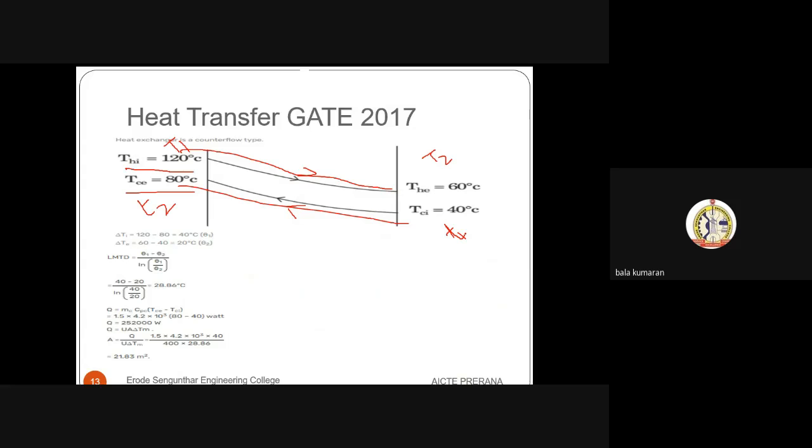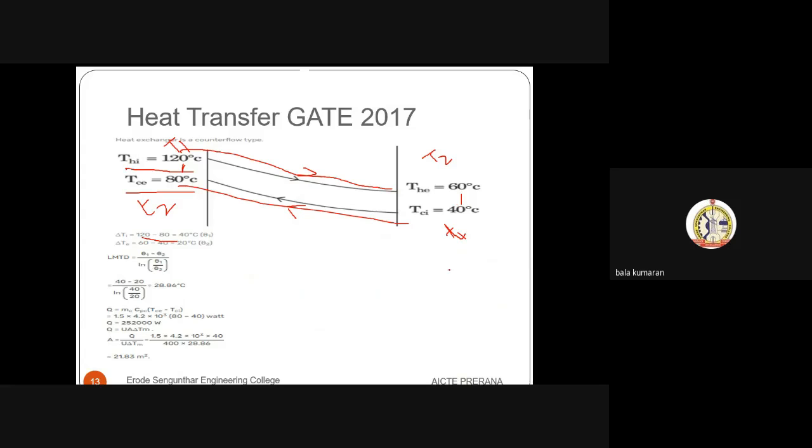Fine, we came to know about the temperatures. The LMTD formula, the del Tm formula, you can write like this. 120 minus 80 and 60 minus 40.